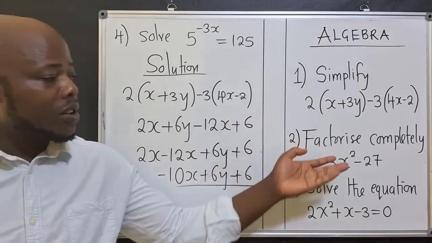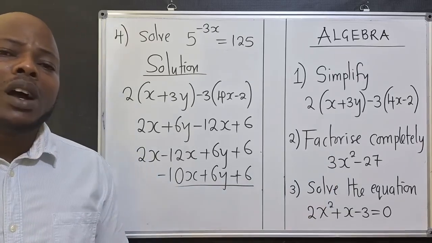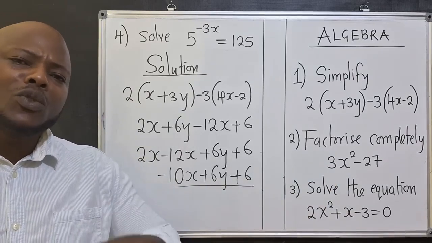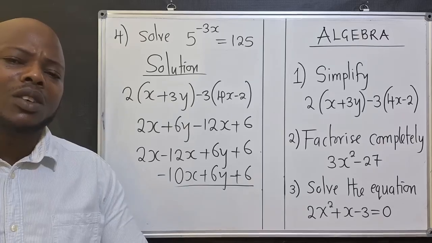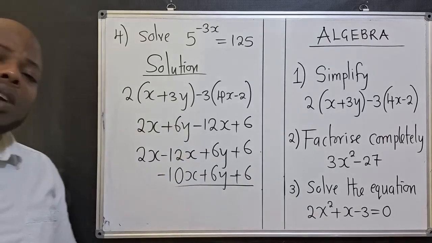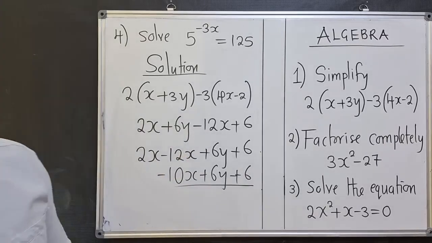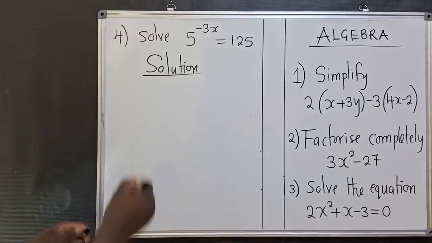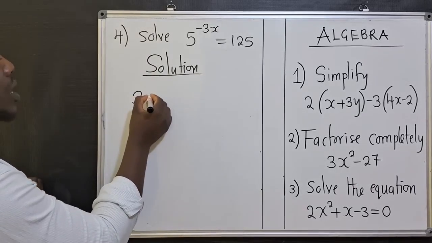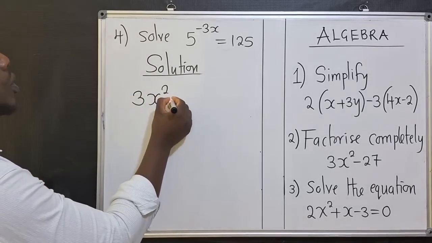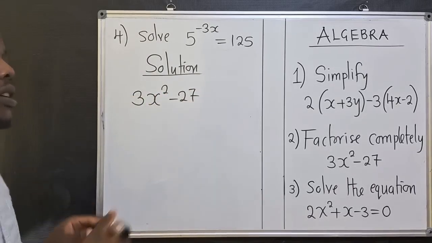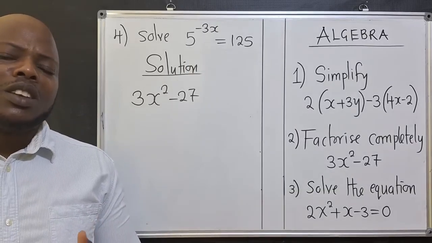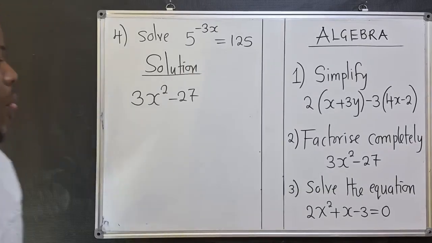Let's now check on factorization. So remember, when they say factorize completely, they want you to factorize up to the end. Okay. So let's work it out and see what we're going to get. Okay, back to the second question, where we need to factorize completely. We have 3x power 2 minus 27. So how do we factorize this completely? So this is what we need to do.